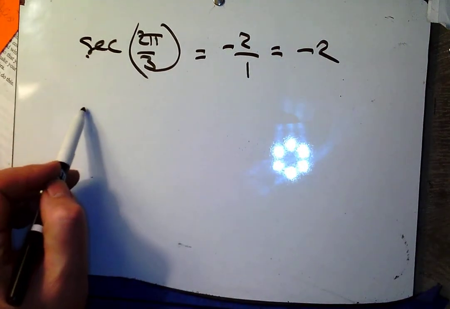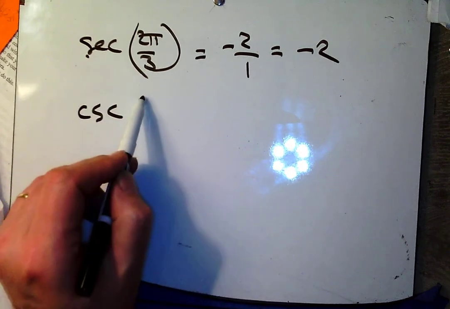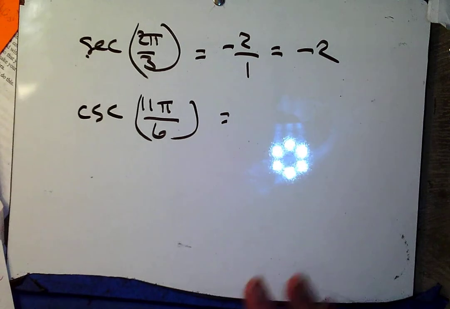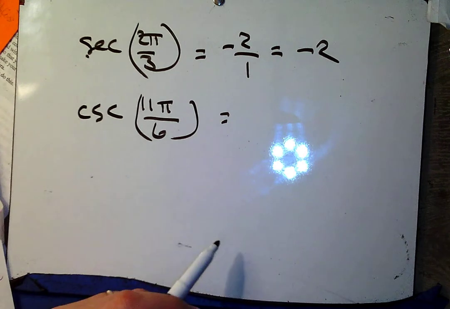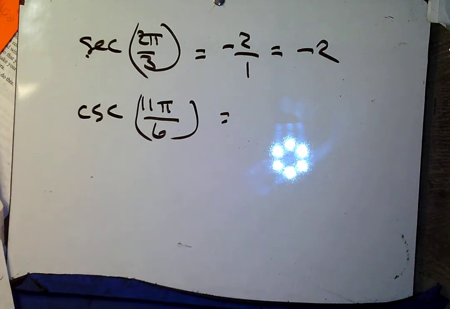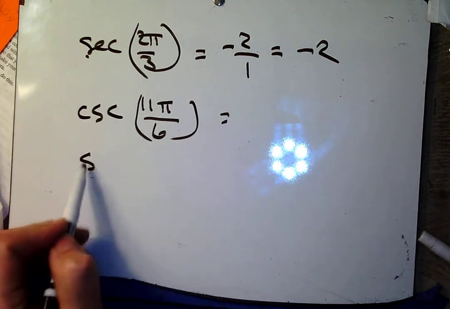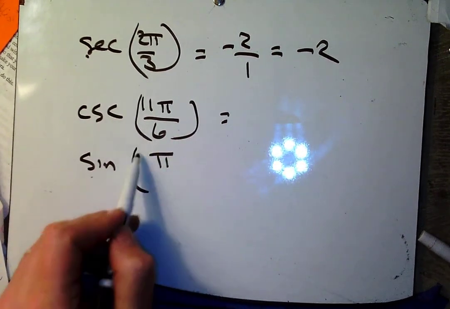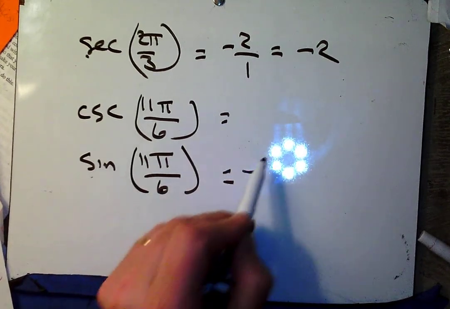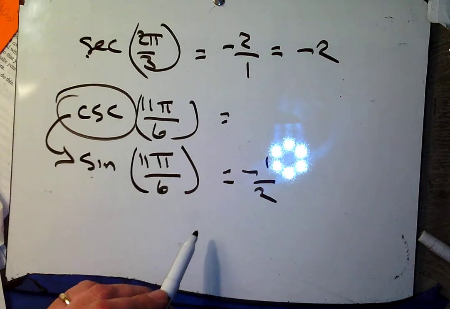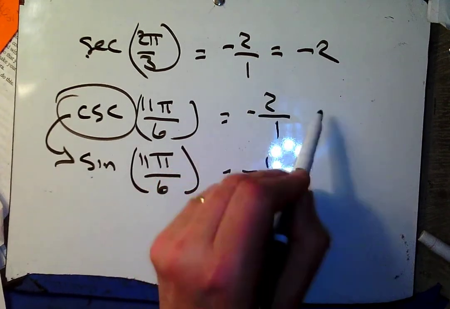Okay, how about cosecant 11 pi over 6? 5, 4, 3, 2, 1. Okay, so I know sine of 11 pi over 6 is negative 1/2, and cosecant is the reciprocal. So negative 2 over 1 again.